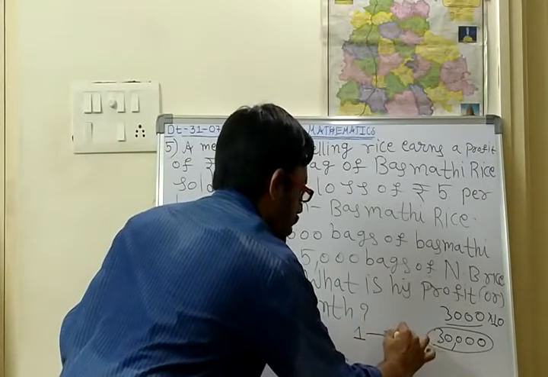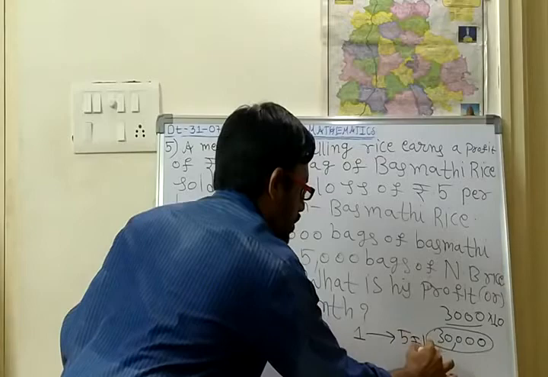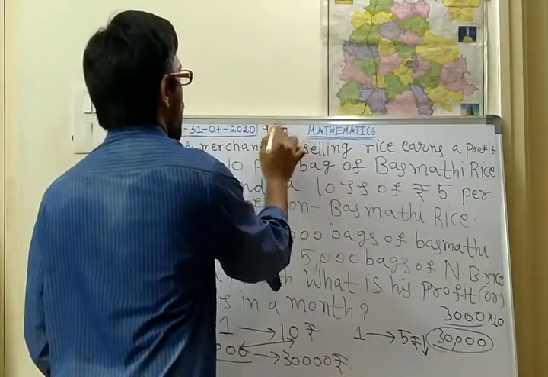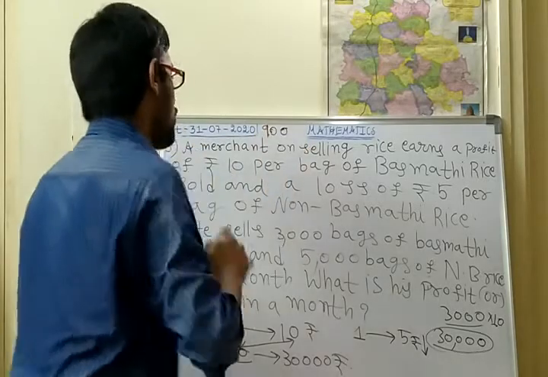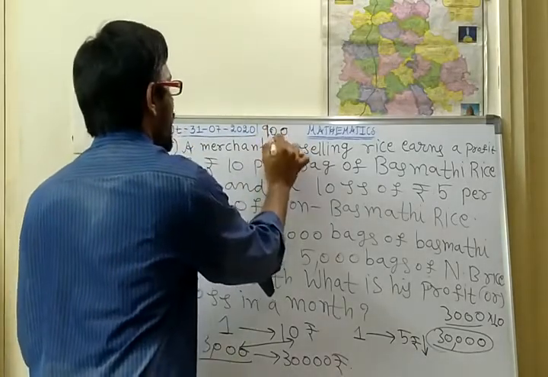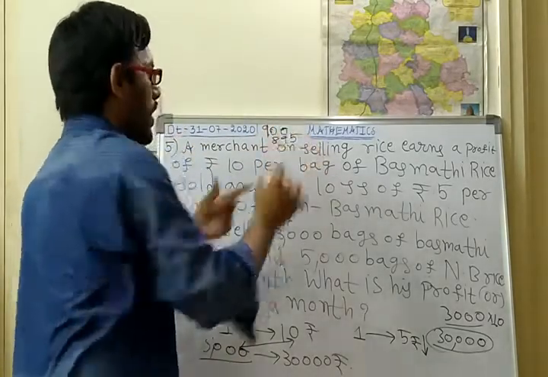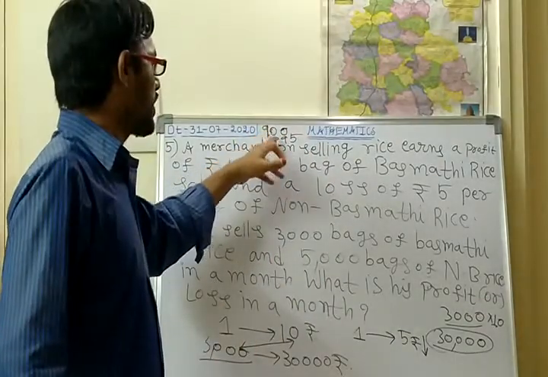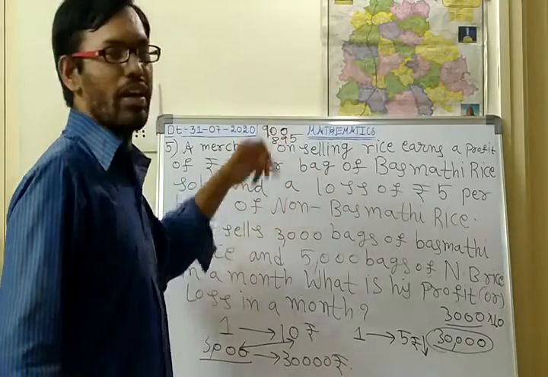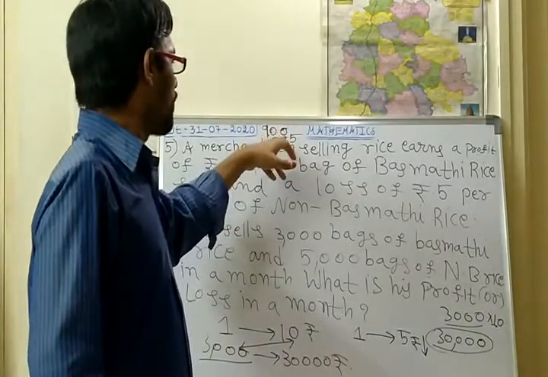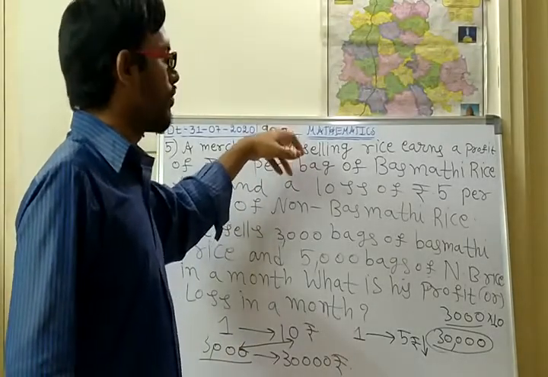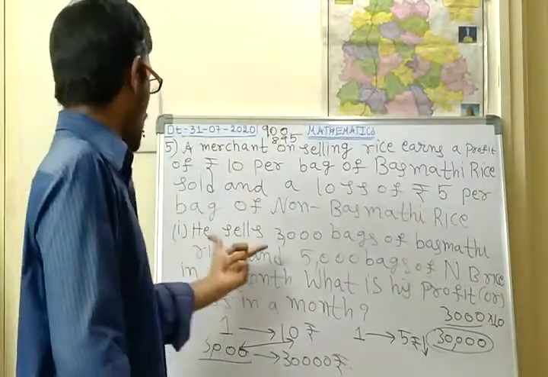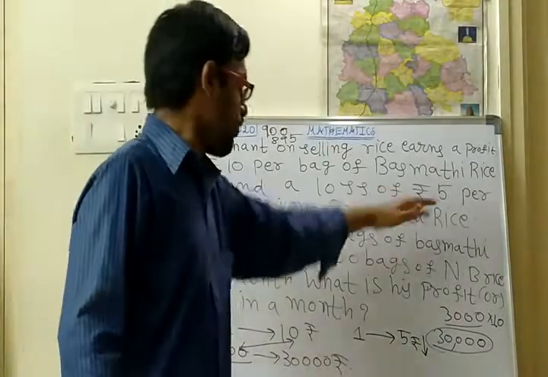Suppose a bag cost is 900, he sold it for only 895 rupees. So instead of the market price he sold for only 895, that means for every bag he lost 5 rupees.